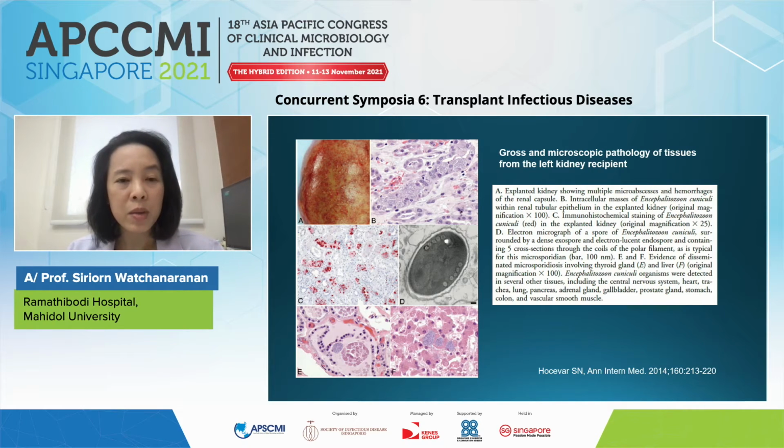On the right, you see electron microscopy of the Microsporidium. In the last 2 pictures, you see that Microsporidium infected not only the kidney, but also other tissue throughout the body. Next slide.